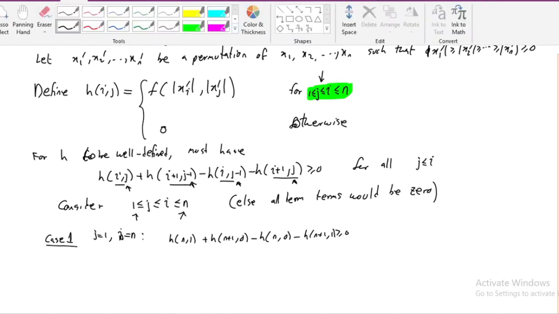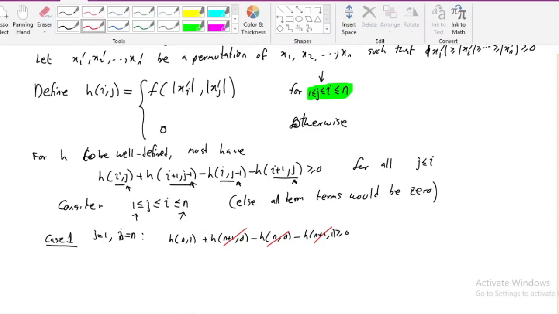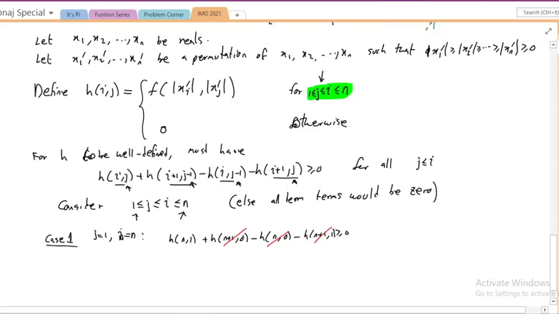So just strike them out. There'll be 0 because they don't fall in the right range. You can see 0 here, n plus 1 here. So we just have the first term. So I'm going to write what that means. This is the same as saying f of xn prime, x1 prime.